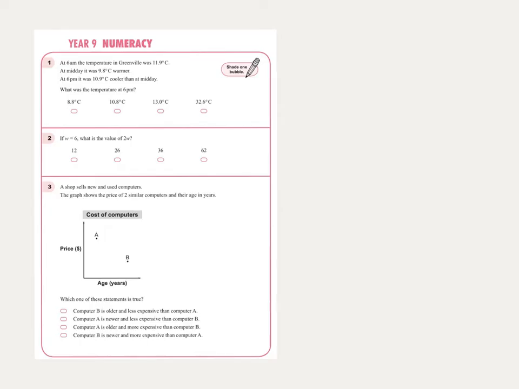So the first one is a question. At 6 a.m. the temperature in Greenville was 11.9 degrees Celsius. At midday, so that is 12 noon, it was 9.8 warmer.